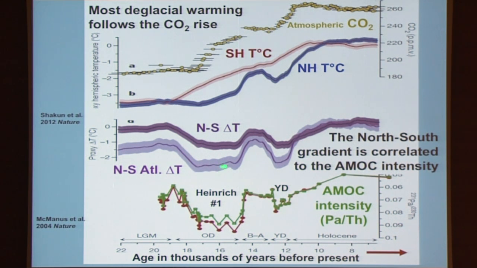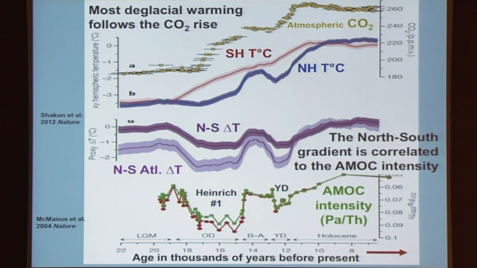And we can see that there is quite a close correspondence. So very probably this delay, and even this reversal, of the temperature record over the last deglaciation for the northern hemisphere is purely linked to the ocean response. During Heinrich 1 and during what we call the Younger Dryas period, we can see that with the correlation.